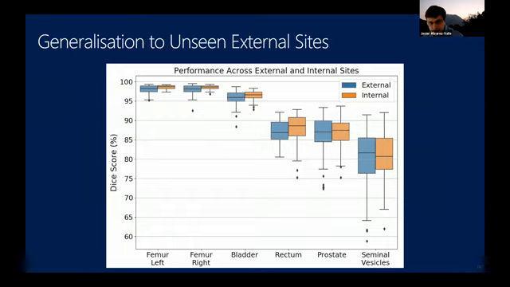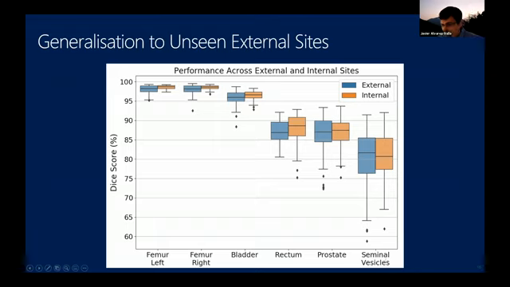We did statistical testing for all these structures. This is a comparison where in blue we have the external data set, and in orange we have the internal data set. Here we are comparing the prostate structures, and we can see that all the structures are above 80%. A dice score of 80% is already really good for clinicians, and they consider this within the inter-observer variability.